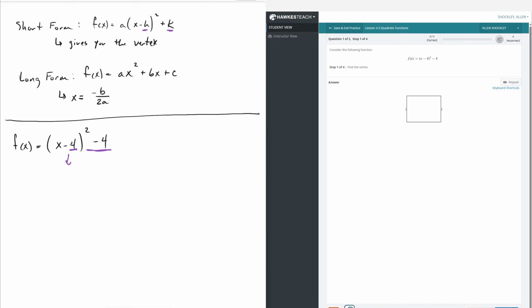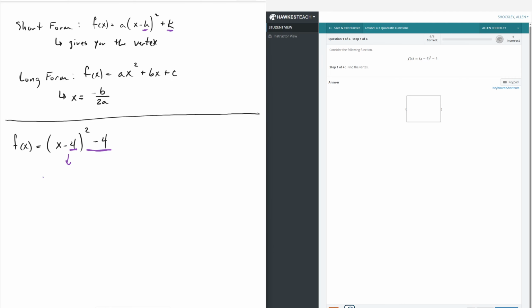With this one, since it's in a set of parentheses, math will hate me for this one, but when we're dealing with quadratics and we have something in parentheses, what we're going to do is just take it out of the parentheses, but we're going to change the sign. So if I look here, I see x minus 4, so a negative 4.